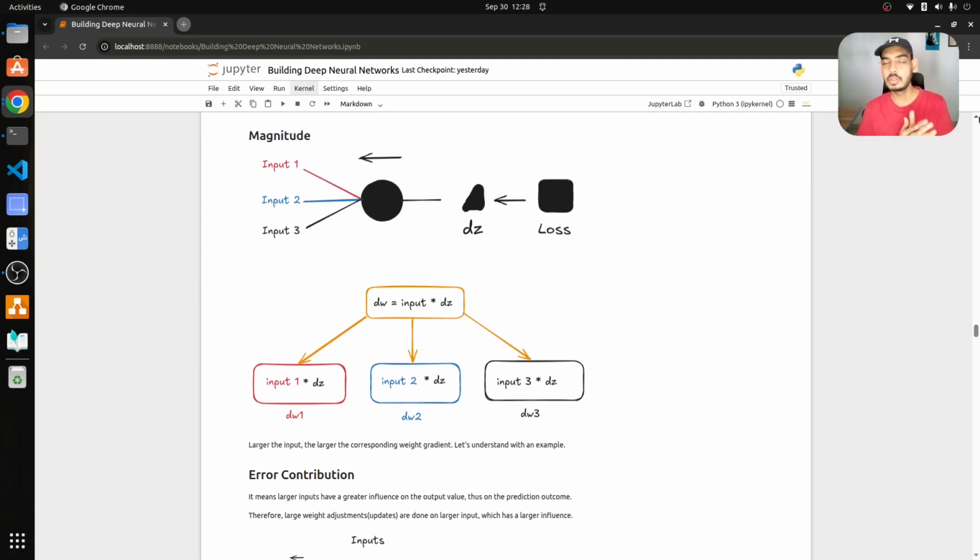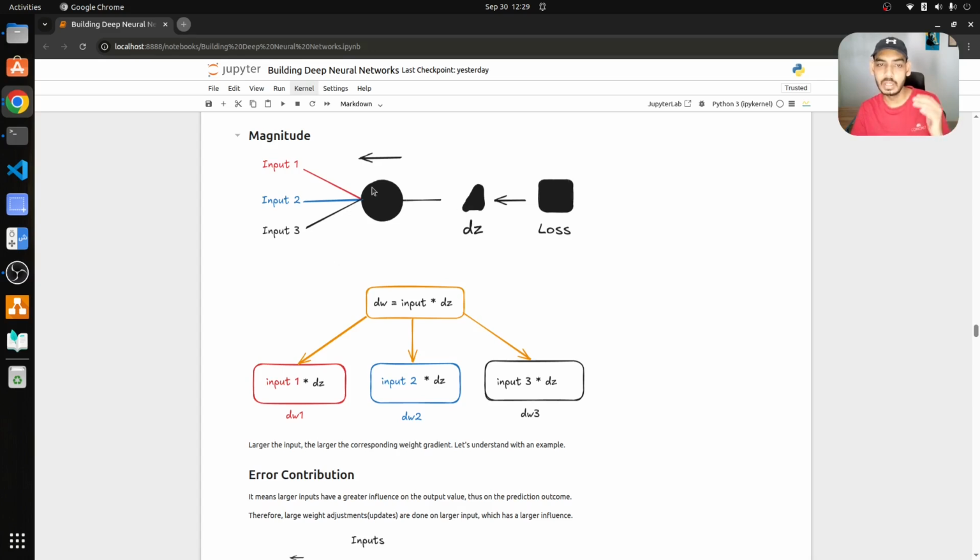In the previous video we also talked about gradient, and there are 2 properties of gradient: magnitude and direction. Let's talk about magnitude. The greater the magnitude of the gradient, the greater the weight update should be. Consider you have 3 inputs and you have your Z, which is the weighted sum of all these 3 inputs times weights plus bias.